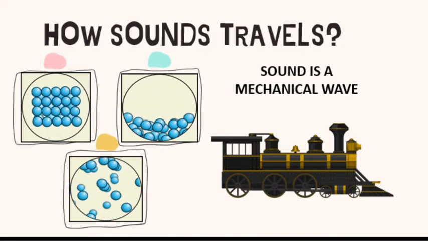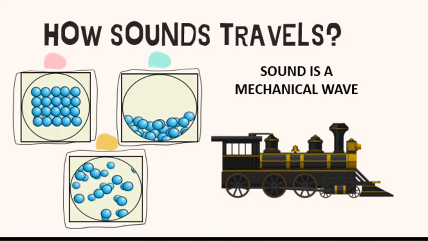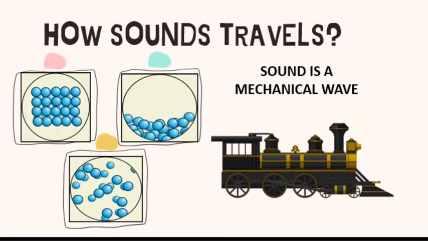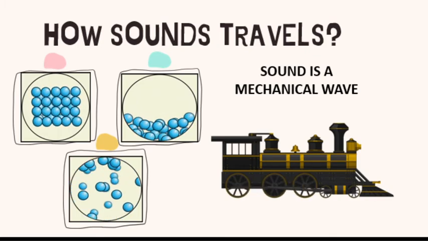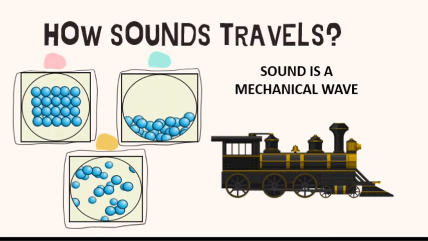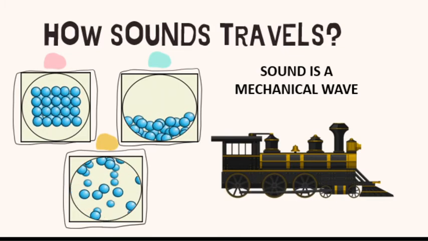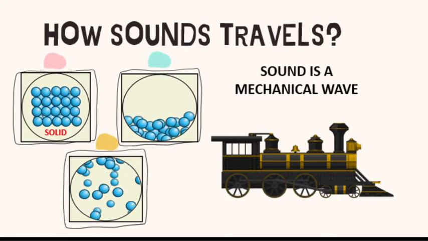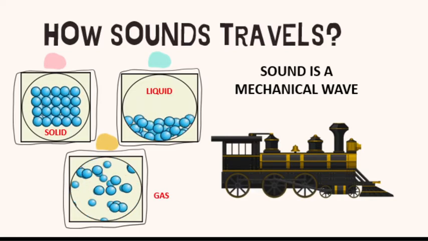In gas, particles have the most distance that makes them move freely. Based on the molecular structures of solid, liquid, and gas, in which medium will sound travel fastest? Is it in solid, liquid, or in gas?